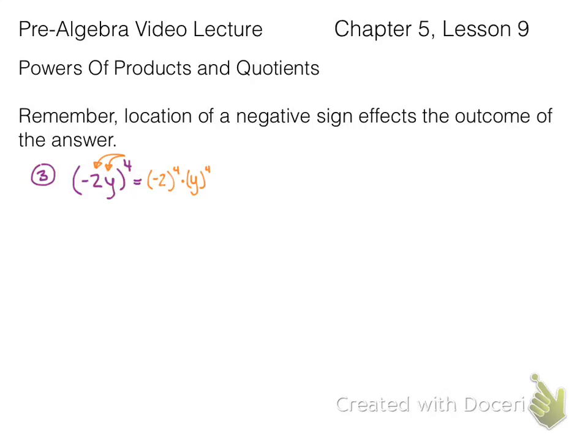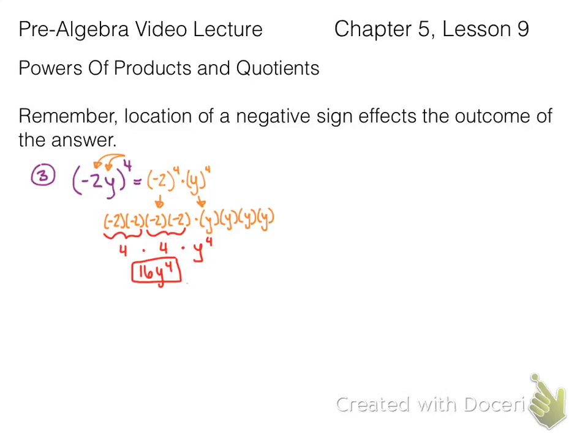We also have y to the fourth. So negative 2 to the fourth power is negative 2 times negative 2 times negative 2 times negative 2, which is 4 negative 2's, which is negative 2 times negative 2 is 4, negative 2 times negative 2 is 4, 4 times 4 is 16, and then 4 y's is y to the fourth. So we end up with 16y to the fourth. And that's the answer to problem number 3.